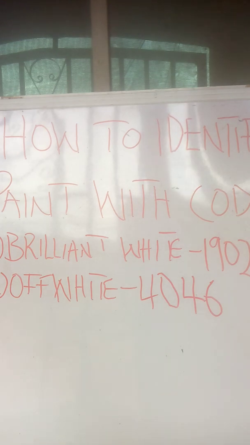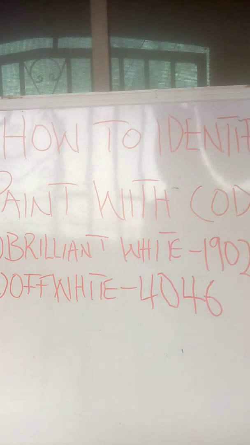But if what you actually want to use for your building is 4046, and you go to the seller to say, oh, I really want to buy paint, but what I need is actually 1902, oh my God, you've just made a big blunder, because the seller is going to give you 1902. And when you get home, you're going to discover that it is not the off-white that you are looking for.